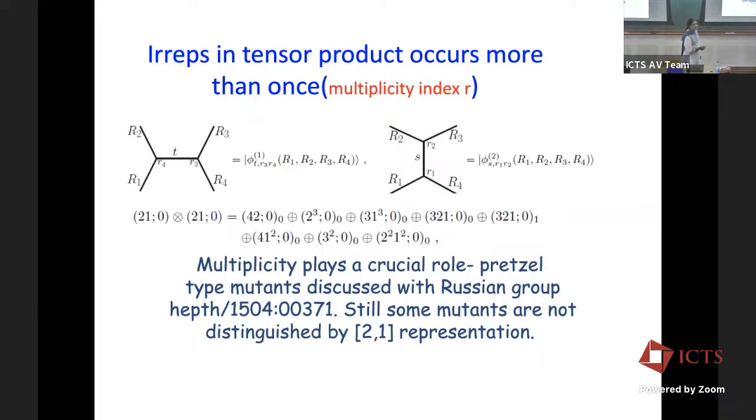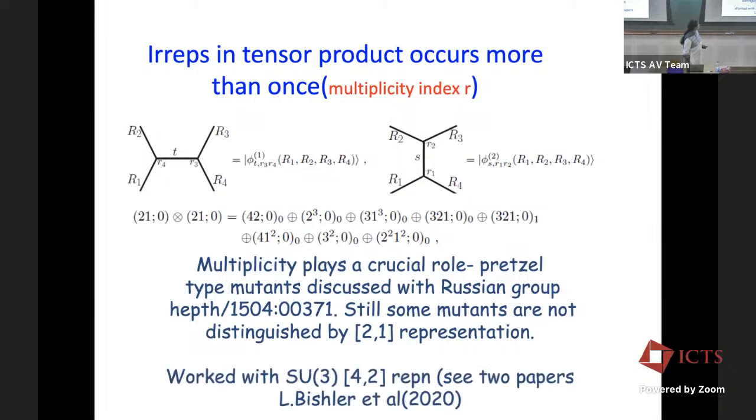Of course, there were many more mutants which cannot be distinguished even after we use the (2,1). We needed some more work. So we went to 4 boxes in the first row and 2 boxes in the second row, where some irreps occurred more than twice. That was forced on us.